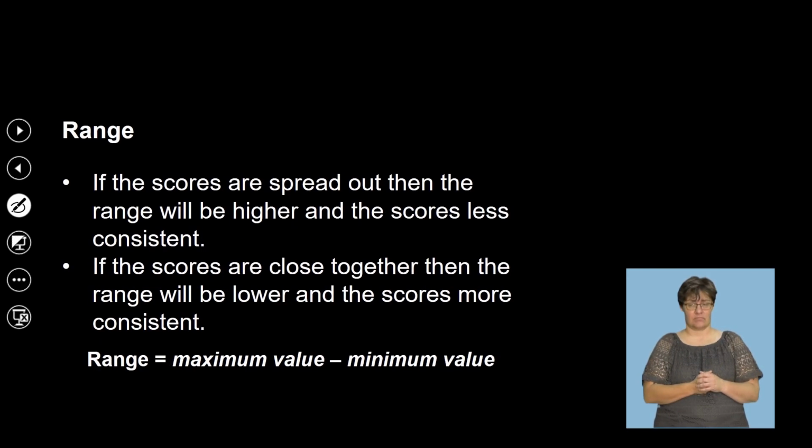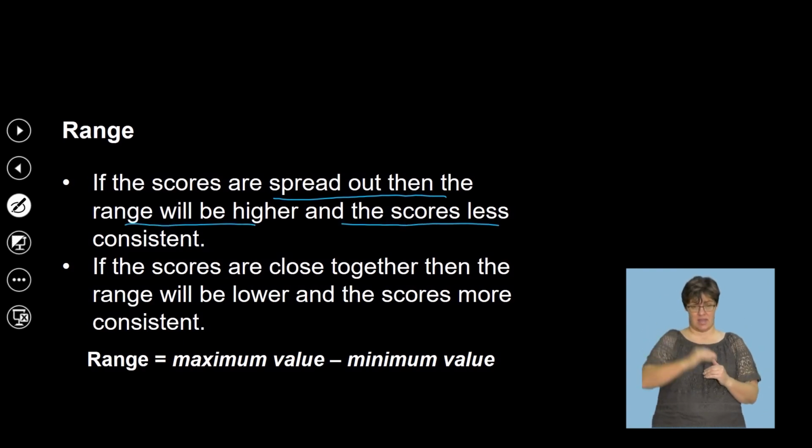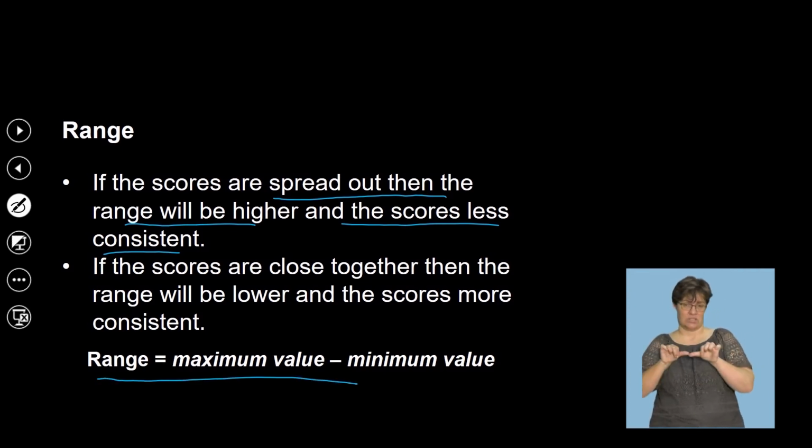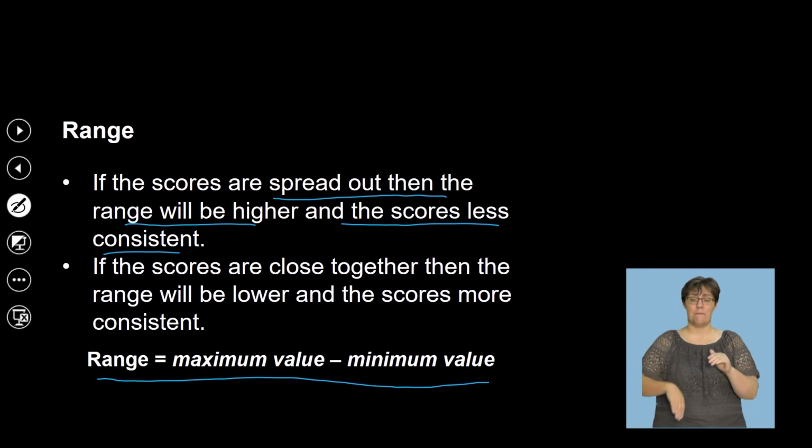So now let's talk about that. If the scores are spread out, then the range will be higher and the scores less consistent. If the scores are close together, then the range will be lower and the scores will be more consistent. And we know that the range is the maximum value minus the minimum value.